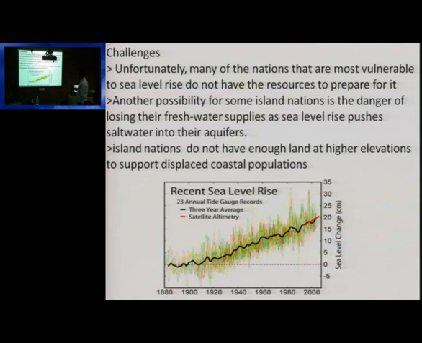Challenges, what are the challenges? Unfortunately, many of the nations that are most vulnerable to sea level rise do not have the resources to prepare for it. This is one of the reasons. Another possibility for some island nations is the danger of losing their freshwater supplies as sea level rise pushes salt water into the aquifers. Island nations do not have enough land at higher elevation to support displaced coastal populations.